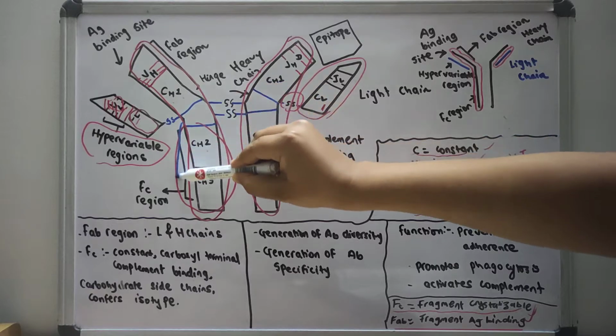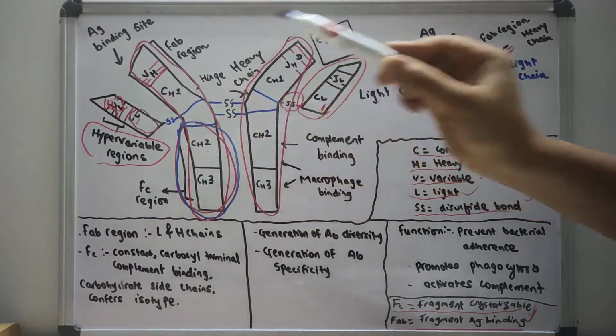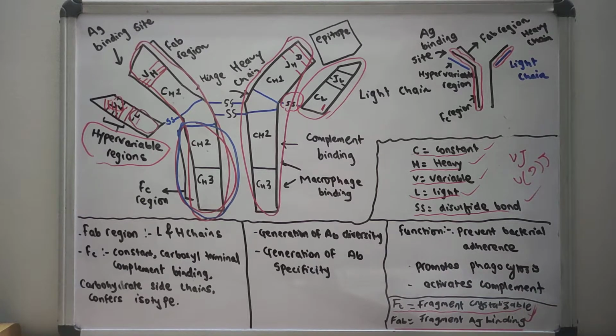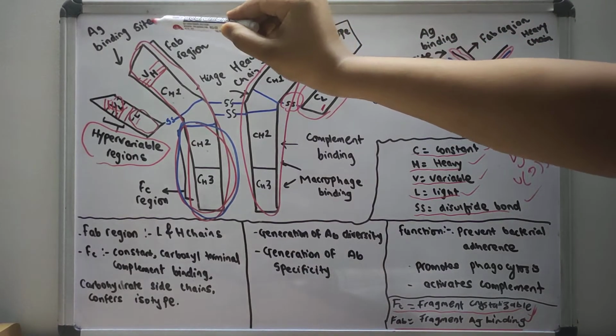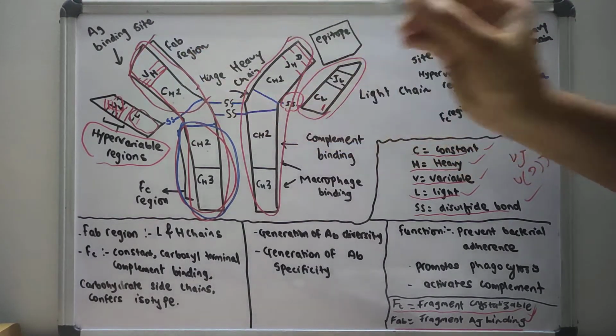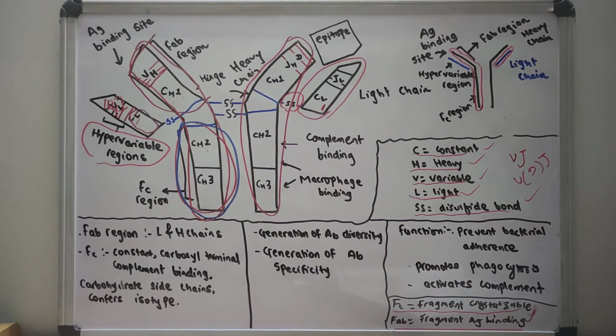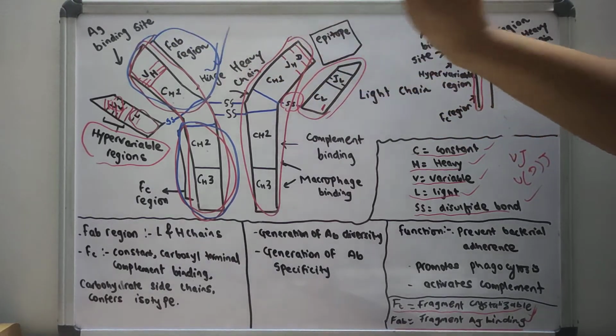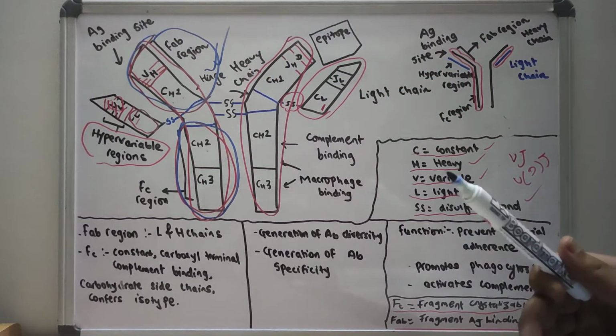This portion is the FC region, the fragment crystallizable region of the heavy chain. This whole region is the FAB region, the fragment antigen binding region.